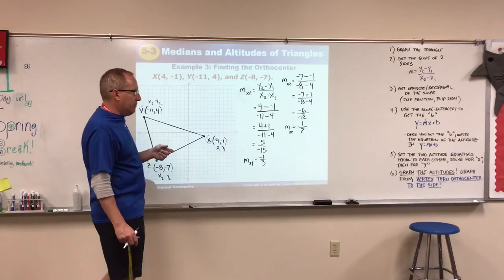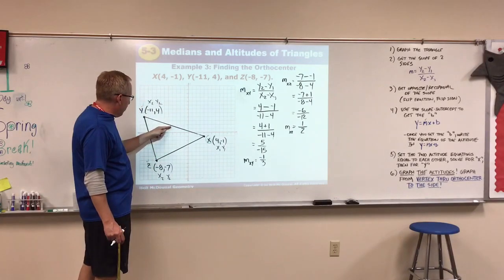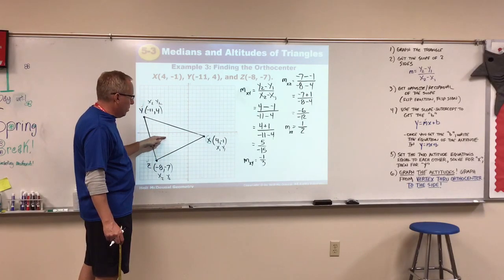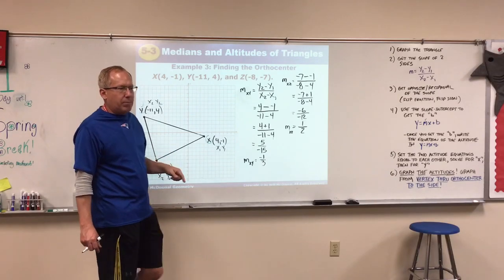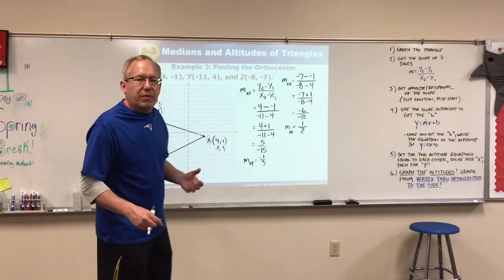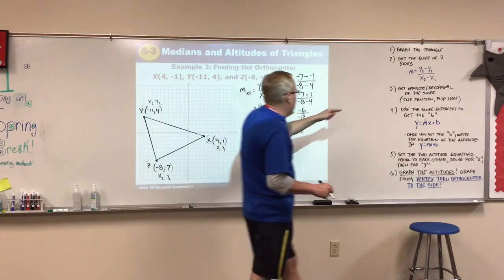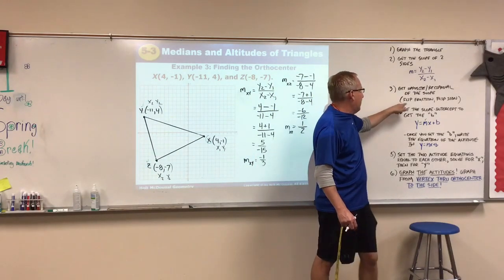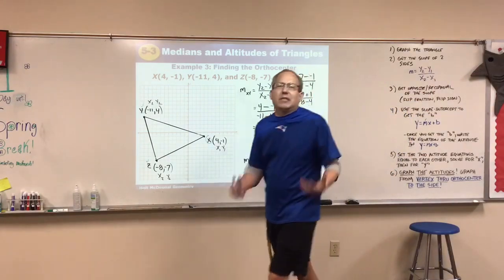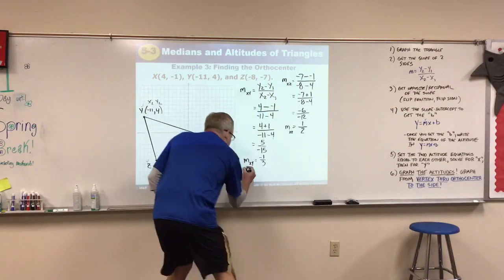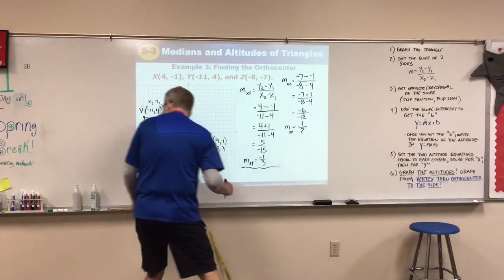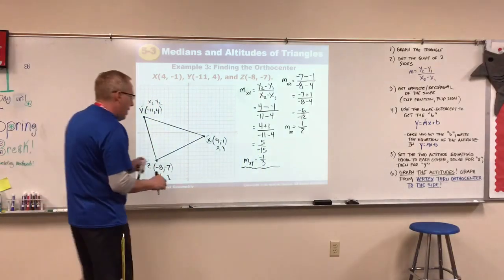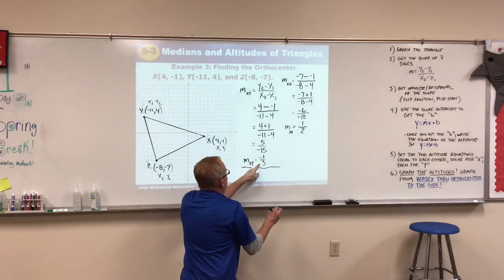Remember, the reason we have to get the slope is we need to get the perpendicular slopes of those, which is what we'll do next, because that'll represent the slope of the altitudes. If you look at step 3 here, get the opposite reciprocal of the slope. So we're going to flip the fraction and flip the sign, just like we did in circumcenter. I'm going to flip negative 1 over 3.